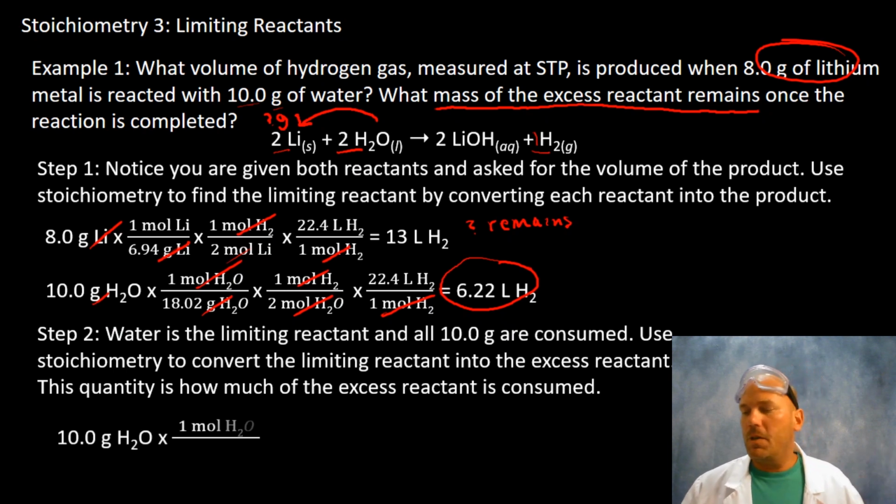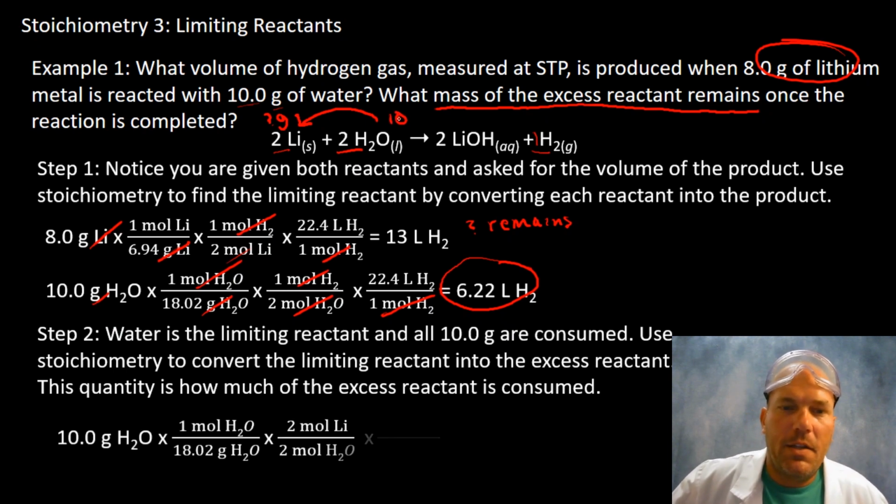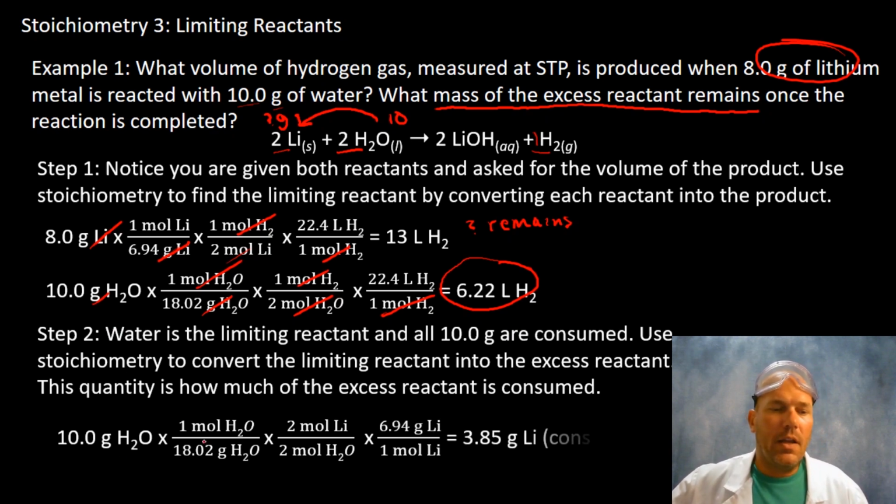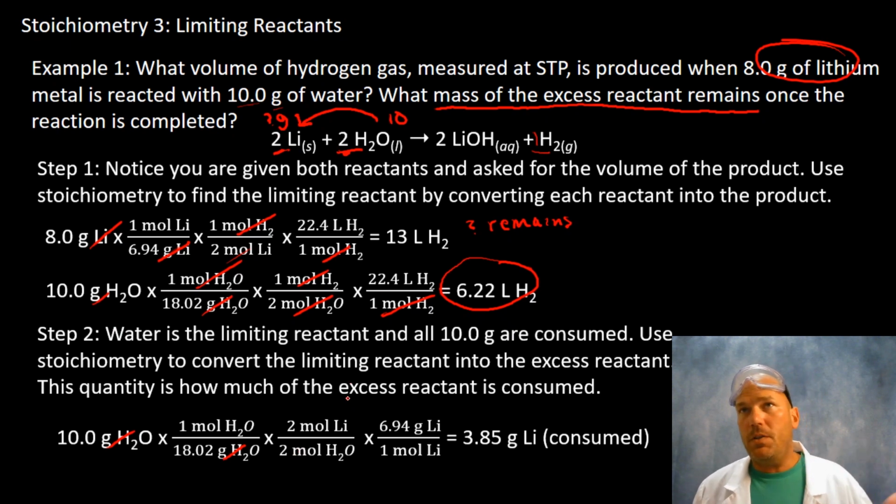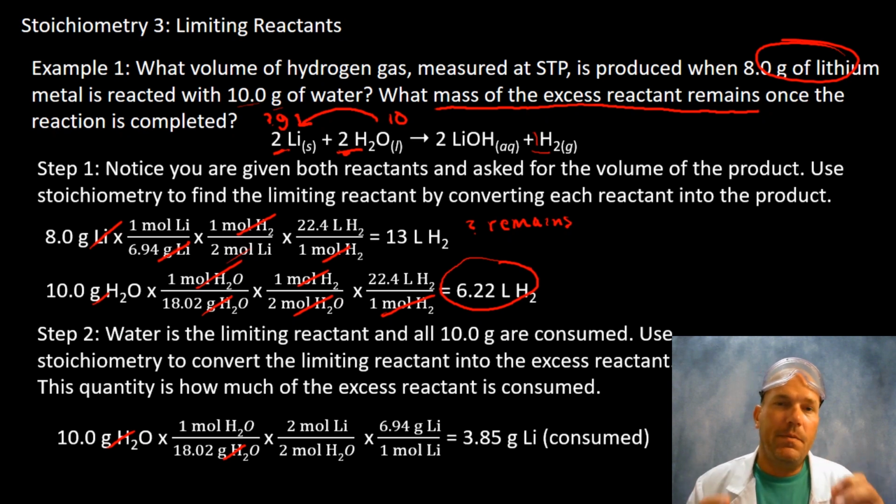All right, so here we go. We had 10 here, and in our calculation, we get to use a lot of the same numbers, except this time it's a 2 to 2 mole ratio, okay? And as I've said before, you can say, well, for every 2, there's 2. That's fine, but for now, humor me and include this.